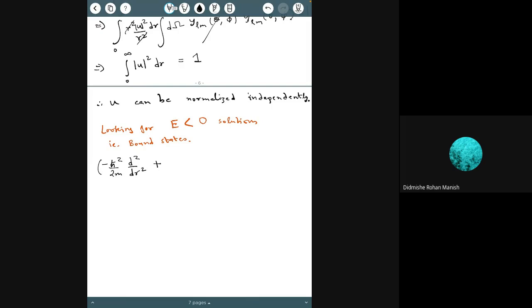So in harmonic oscillator and particle in a box, they were just what is called confining potentials. But here, this is an actual attractive potential. Okay, so I'm just repeating this again.